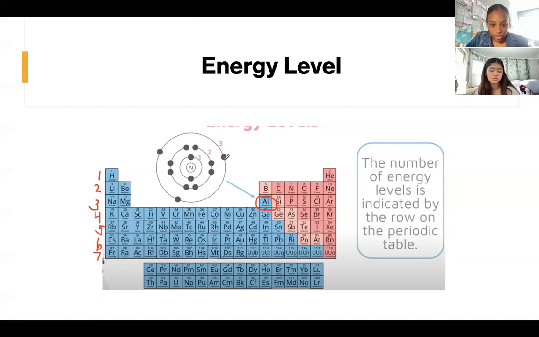That shows you there are 3 energy levels, and this element is on the 3rd row down on the periodic table. Does that make sense? How the periodic table relates to the Bohr model?